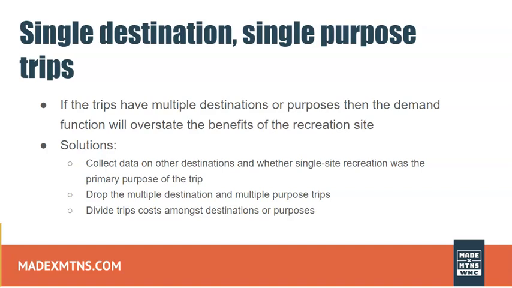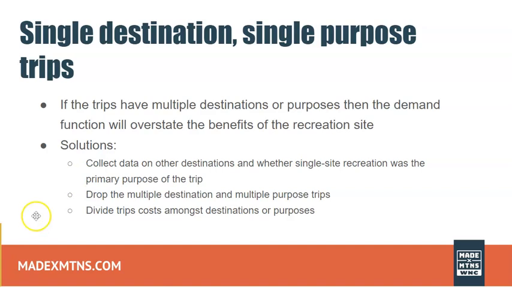If there's a ton of things to do at destination B, the person can go mountain biking, hiking, and also can go shopping and to a ball game, then if you attribute all of the benefit of the trip to outdoor recreation, you're overstating those benefits.